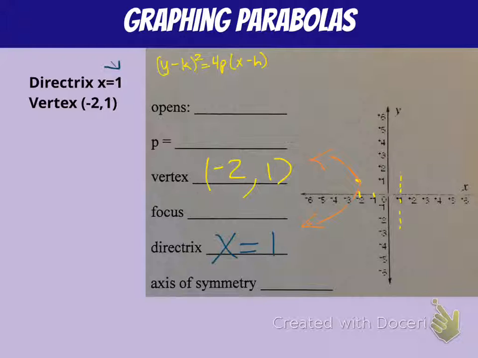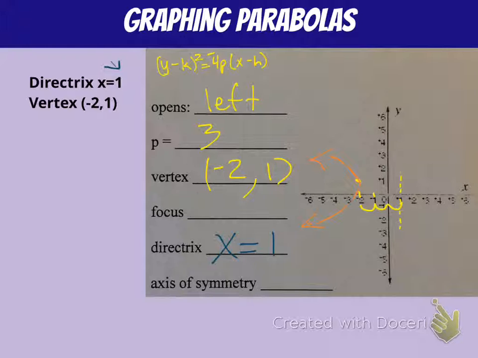This one's opening to the left, so I know it's going to be negative 2. So I'm going to go ahead and make that note. The distance p is going to be from the vertex, which I'm given, to the directrix, which I can see. And I can count that again. It's going to be 1, 2, and then a third step there. So p is going to be equal to 3.